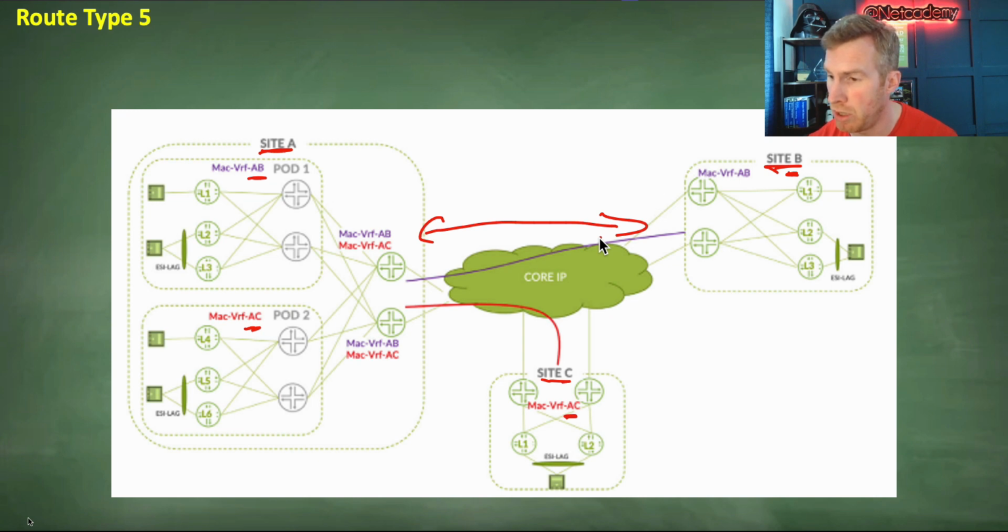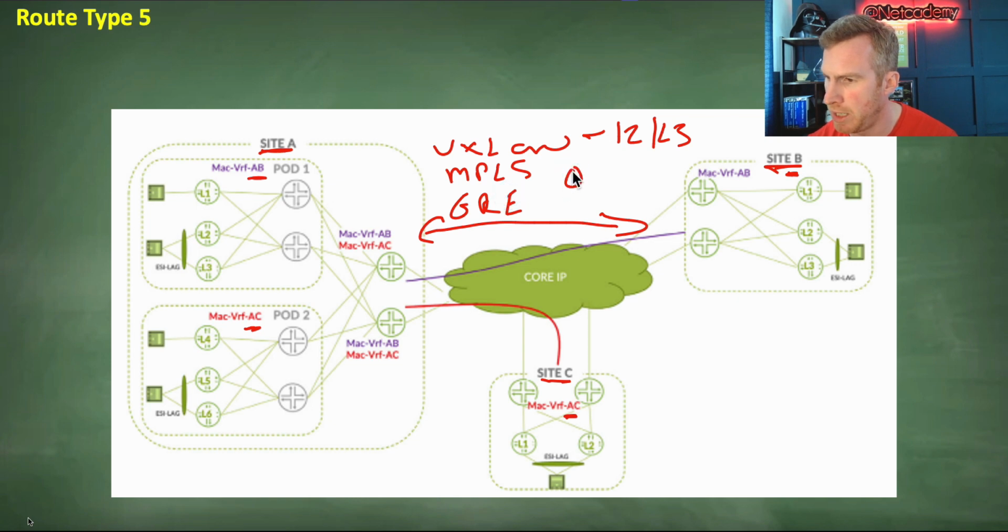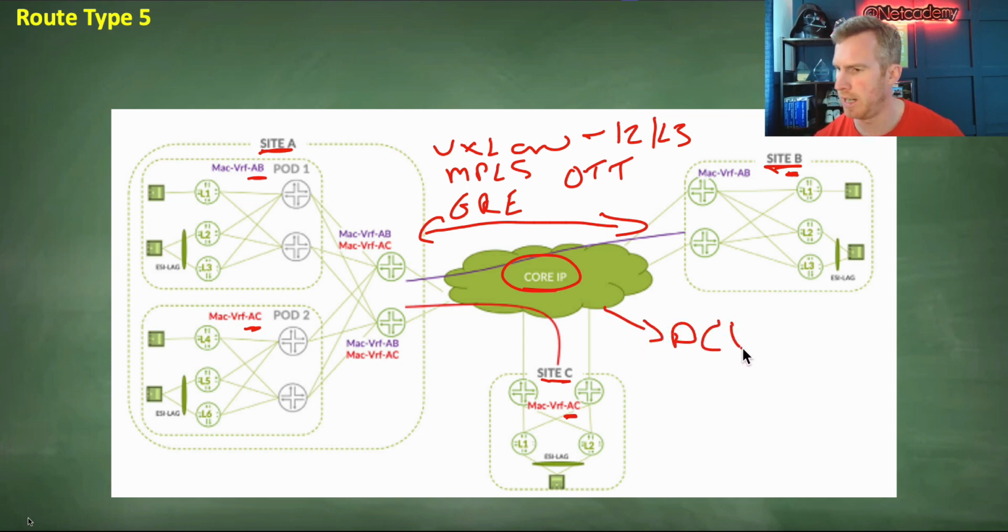So what you could do is you could do stitching or VXLAN stitching across the WAN, and this could be at layer 2 or layer 3. Come on to that in just a few minutes time. But as I've also said, this could be multi-protocol label switching, or it could be GRE, generic routing encapsulation, or it could be OTT. And there's one or two other ways of carrying this information over that WAN, which is essentially a data center interconnection at the end of the day.